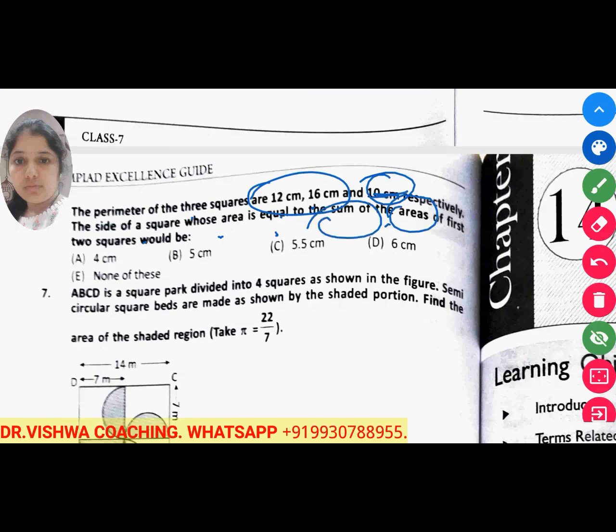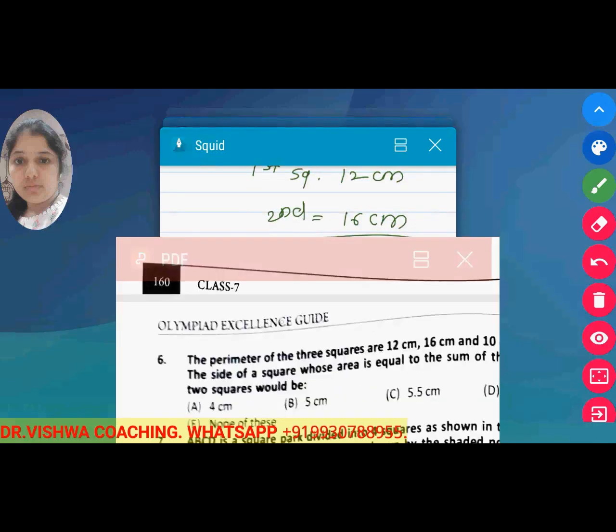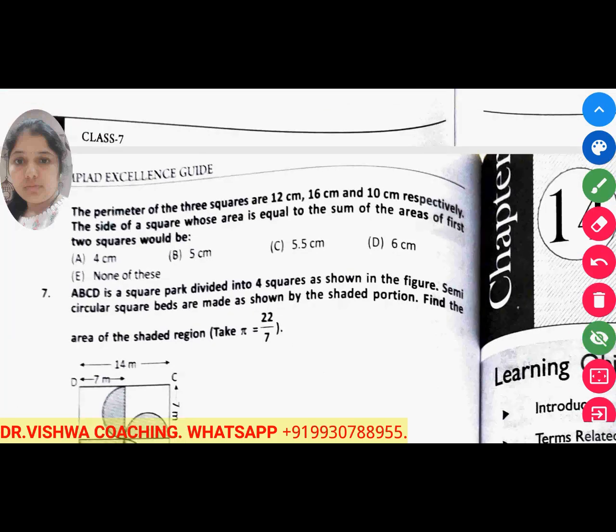Means the third square's area is equal to the sum of the areas of the first two squares. For that we first have to find the side. We found the sides as 3 and 4 centimeter for the first and second squares, and by the sides we found the area of the first square as 9 centimeter square and the second square as 16 centimeter square.